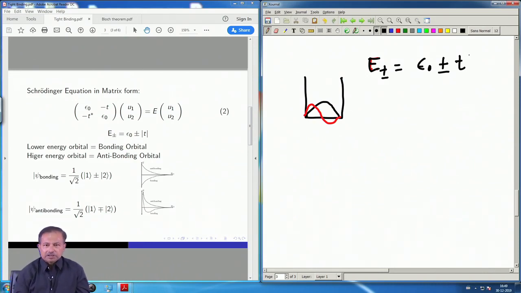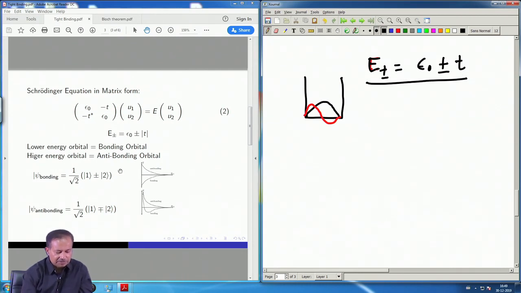So, this energy here is mod t, because I had taken complex t star here. So their product is mod t square, but if I take just t as real, then mod t is basically t.